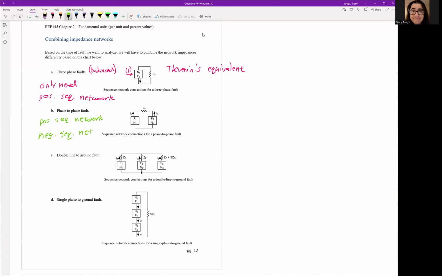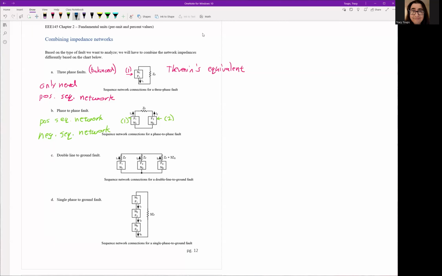Because a phase-to-phase fault inherently unbalances the system, because let's say B and C phase gets faulted, A is still healthy, we're going to need to look at a negative sequence as well to see how unbalanced the system gets. Again, notice the one right here, this denotes positive sequence network for this box. And then this box right here represents our Thevenin's equivalent of the negative sequence components. Notice that we're going to put them side by side and connect them together.